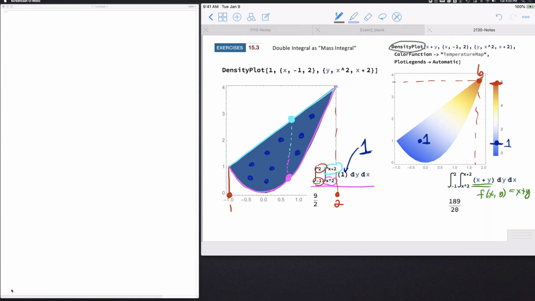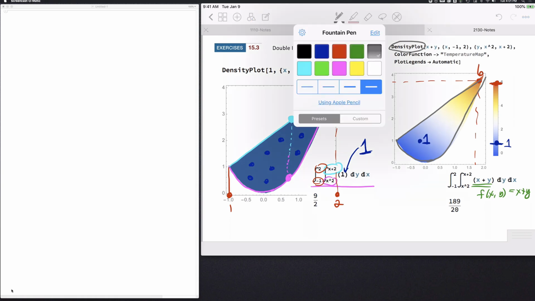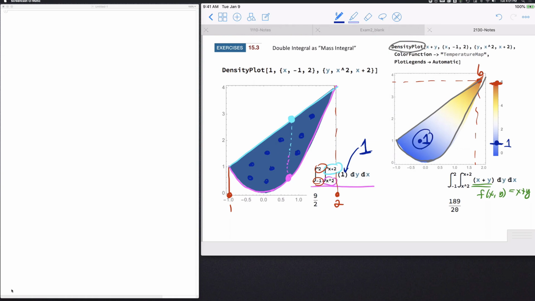So what we're seeing here is a plot called a density plot. We're associating points in the region with a color which gives a density of that region. At this point, we would say that it is less dense. This region is made of a material, maybe wood, for example. You've got this little shape that you're trying to cut out, and maybe this part you're making out of wood.